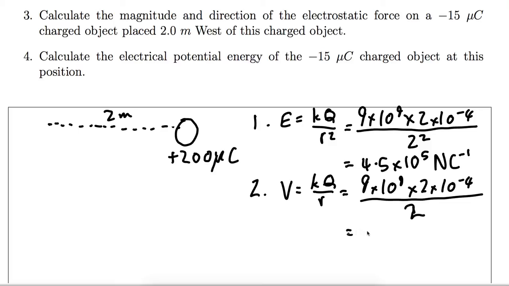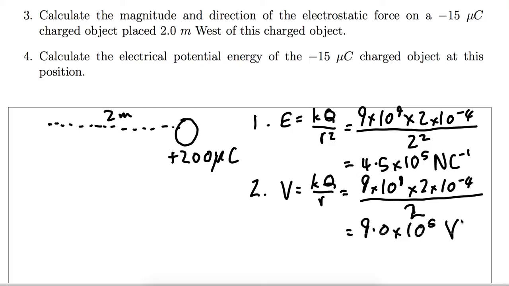So that means overall, if we do the maths, 9.0 by 10 to the 5 volts. The unit of electric potential is the volt. A volt is a joule per coulomb. So instead of a force of newtons per coulomb, it's a number of joules per coulomb. In other words, it takes a certain amount of energy to get a coulomb of charge to that point.